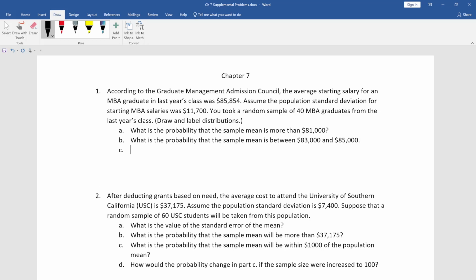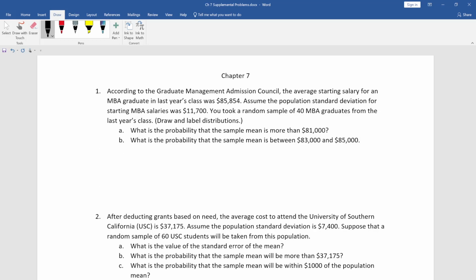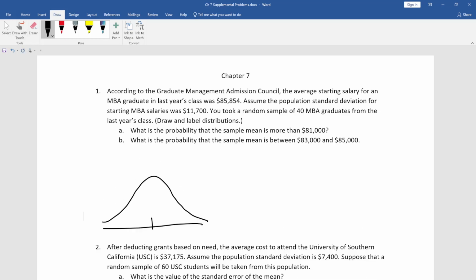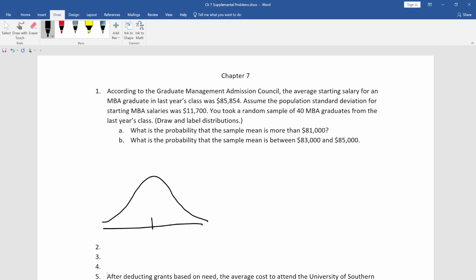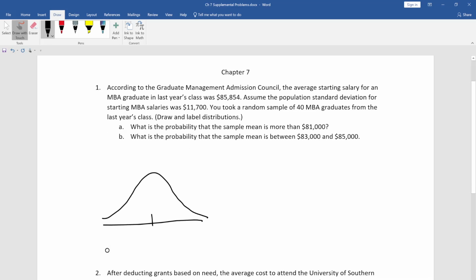So I'm going to start off answering this question, and I'm going to draw a distribution for you. So here's our distribution. We're going to have the population mean in the center, 85,854, and please excuse the bad handwriting.